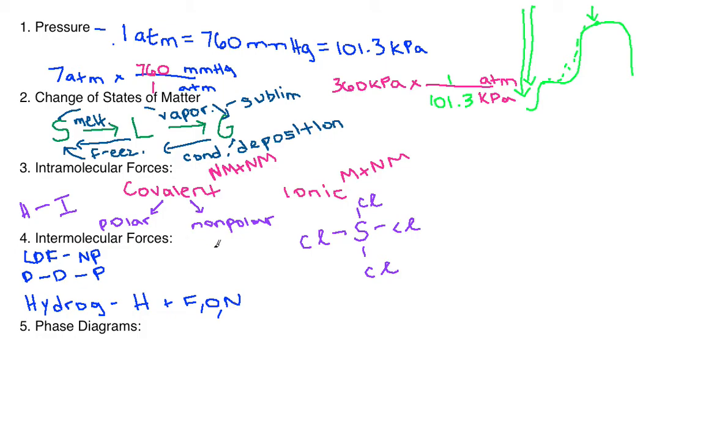Here are the patterns as far as intermolecular strength is concerned. LDF is the weakest, dipole-dipole is the next weakest, and hydrogen bonding is the strongest. If I have two LDF compounds and have to compare their strength, they are not the same strength.